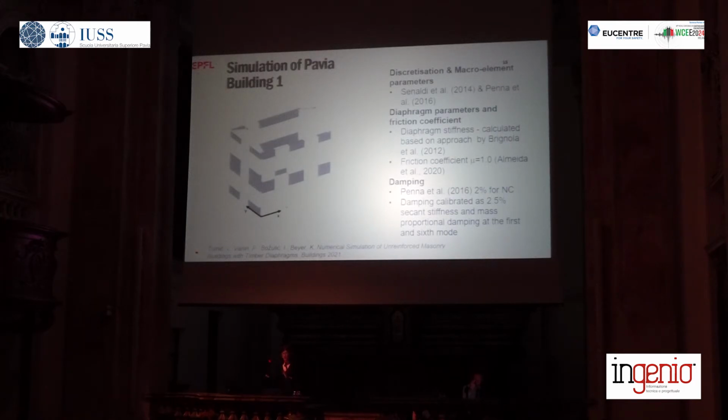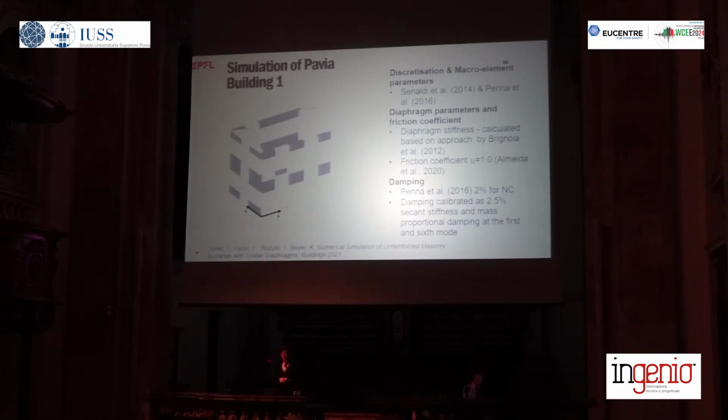Also for the diaphragm parameters and the friction coefficient, we used new parameters because in the previous models the diaphragms were retrofitted, so we had to recalculate the diaphragm stiffness. But we did that really from first principles based on the model by Brignola, and the friction coefficient we derived from direct shear tests between timber and mortar. So there was really no calibration in it.